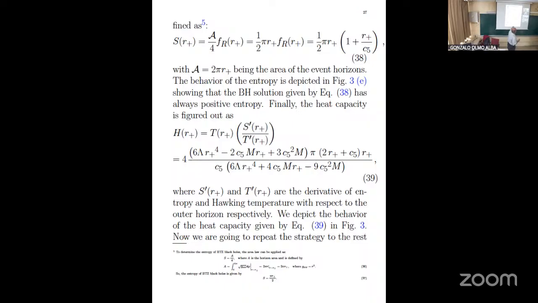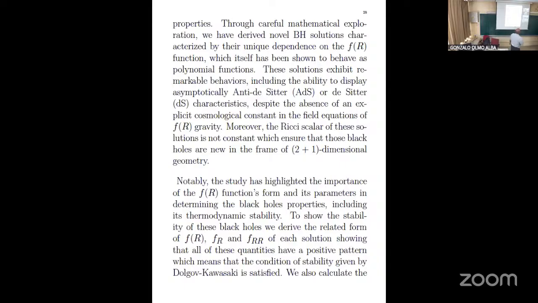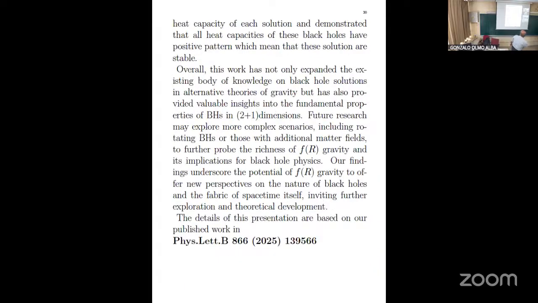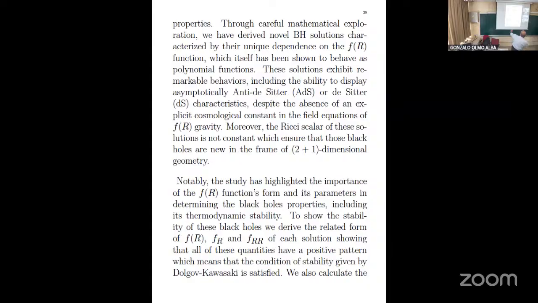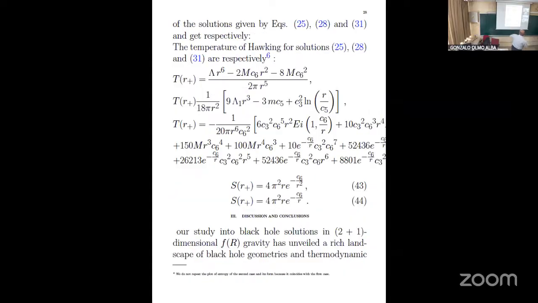So let us summarize our result. This is the physics that I studied in this paper. In this study, we studied black hole solutions in 2+1 dimensions within F of R gravity, to try to discover new solutions in this aspect.